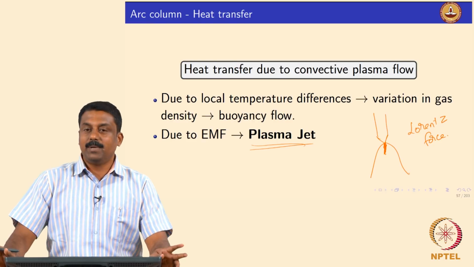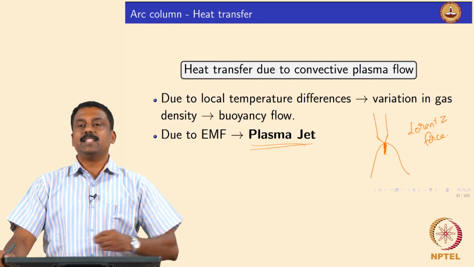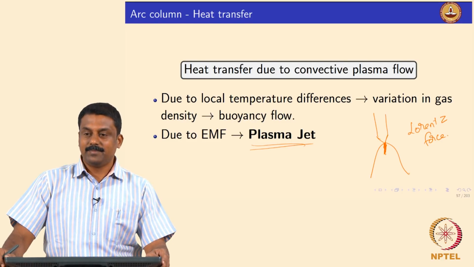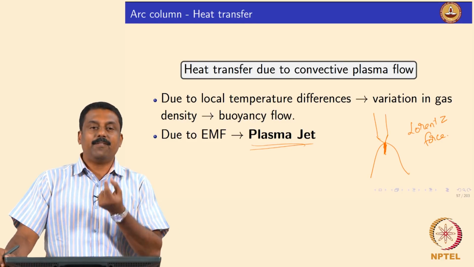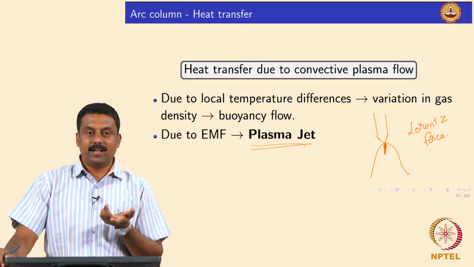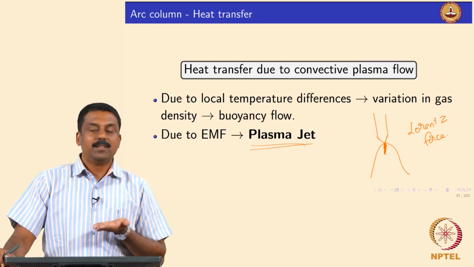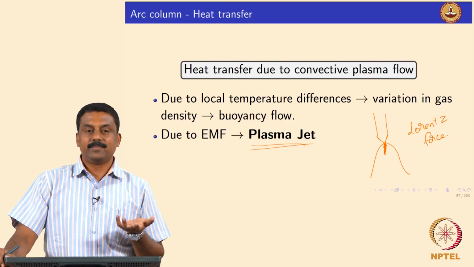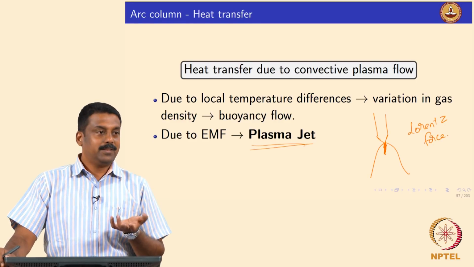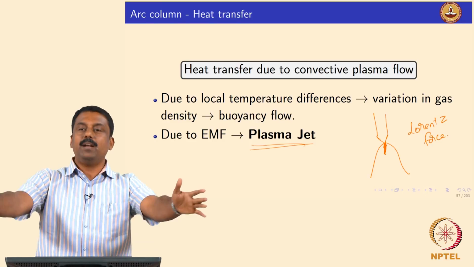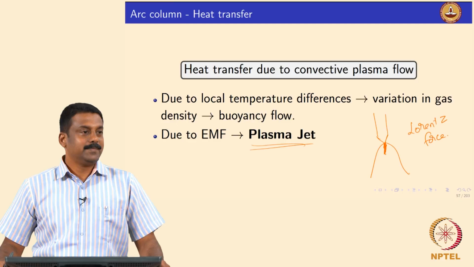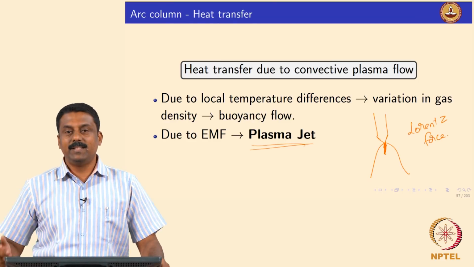So the Lorentz force is nothing but when the charge carriers come close, they repel much faster. The force at which they are repelled is inversely proportional to the distance. So if you have accumulation of charge carriers, they will be repelled to enormous velocities, isn't it? So that force is known as the Lorentz force.